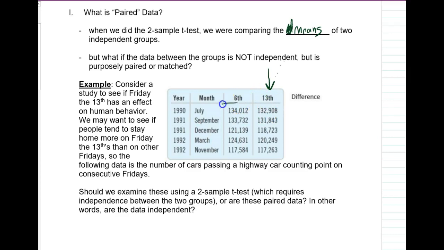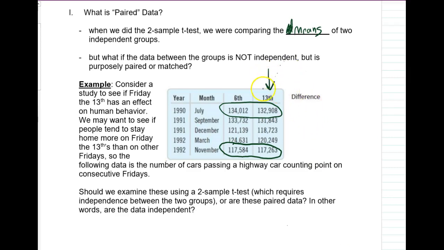So this one pair of data goes together. Down here in November, this data point, 117,584, has to be compared with the 117,263. They go together.